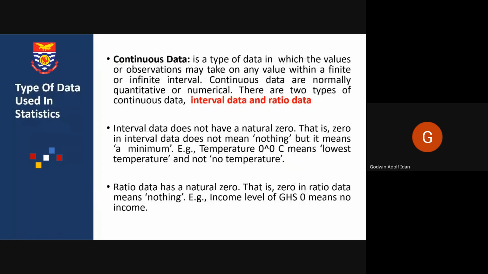Then the other side, where we have the interval and then the ratio, we can now also consider these data sets as continuous data. And so the continuous data is normally quantitative or numerical. So the 2 types of quantitative data, as we discussed earlier, fall under the continuous data.